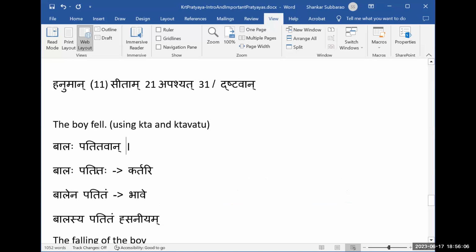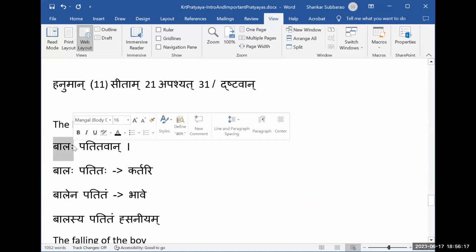Similarly, patitaha, I can add bhavati or asti. I don't have to add it. It's apparent. See what goes? Balaha patitavan. That's enough. But when I say ekatinga vakyam, the verb is implied.